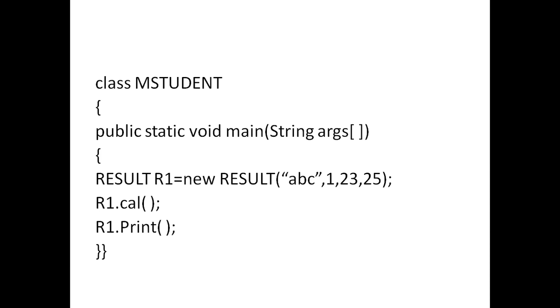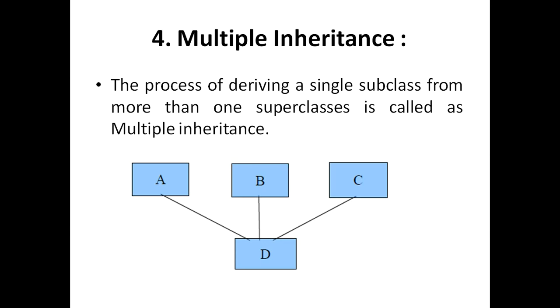In the main function, we have created the object of the last derived class, which is result, and we have passed all the parameters, that is name of the student, roll number, and marks obtained in the two subjects. Based on that, in cal, the average will be calculated and all the information will be displayed by calling the print method.